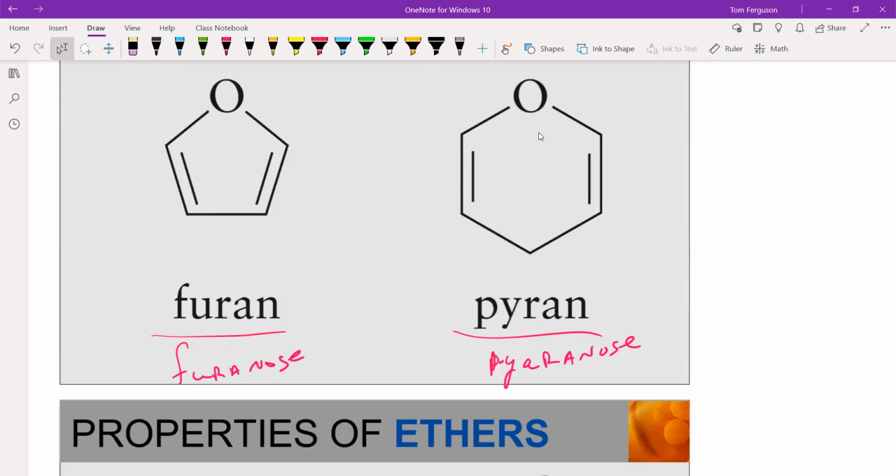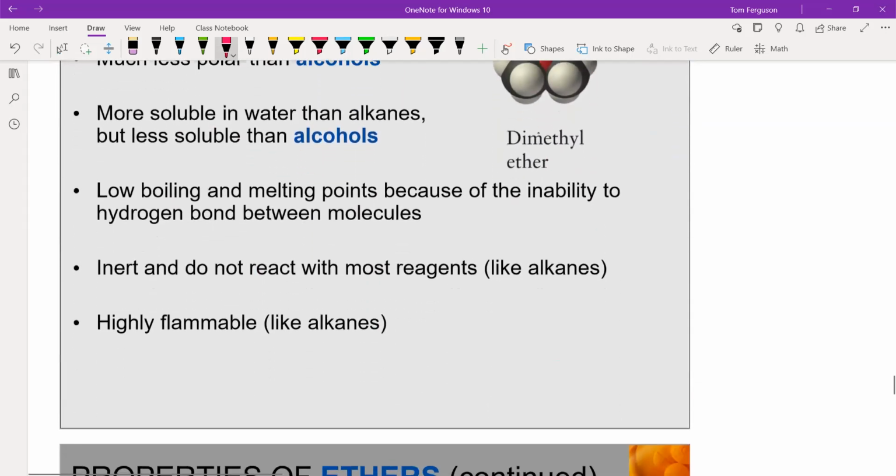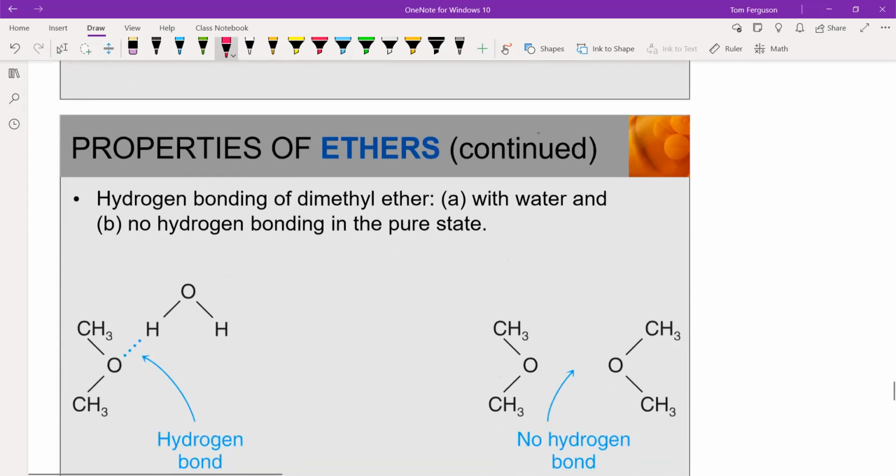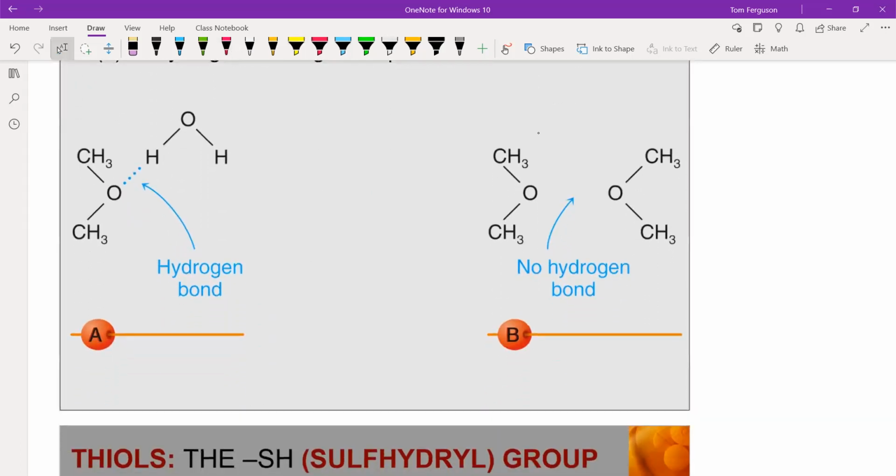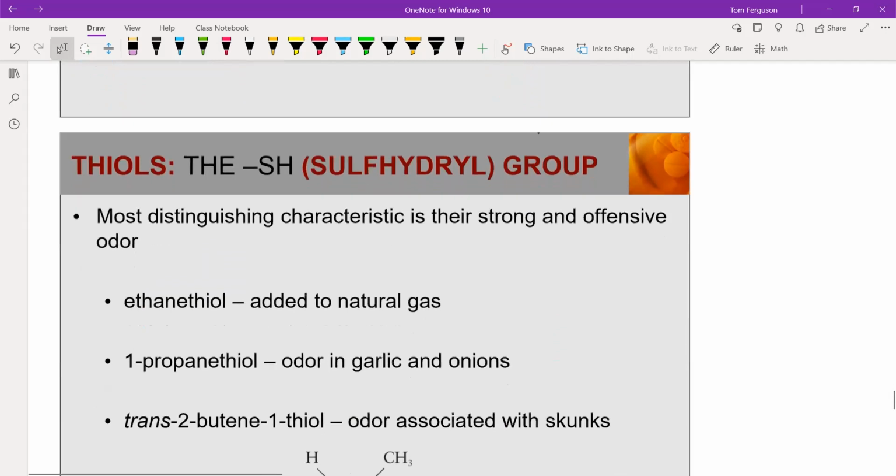Ethers can be cyclic as well. These two are very important ethers to get to know because these form furanoses, carbohydrate. These form a pyranose, carbohydrate. Okay, ethers, we talked about, they're not as polar as alcohols, so they're not as sticky as alcohols, so their boiling points are lower.